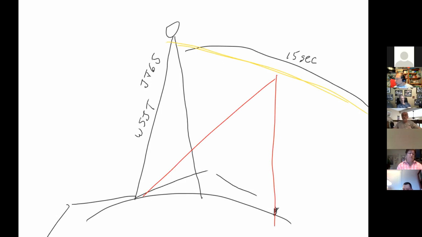That meteor trail goes away, and you just wait for the next meteor trail. You keep sending stuff, and eventually one will happen and you'll get a path that works. So instead of taking, let's say, 3 minutes to make a contact, this is like 5 seconds. So he created all these different really cool digital modes with lots of error correction.